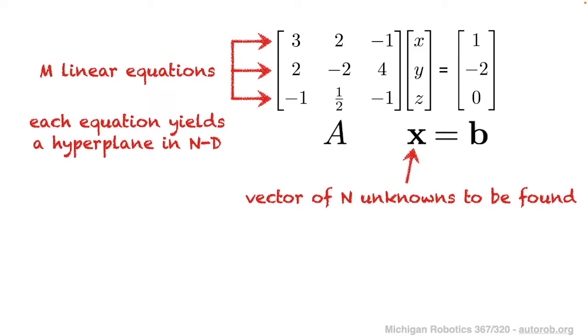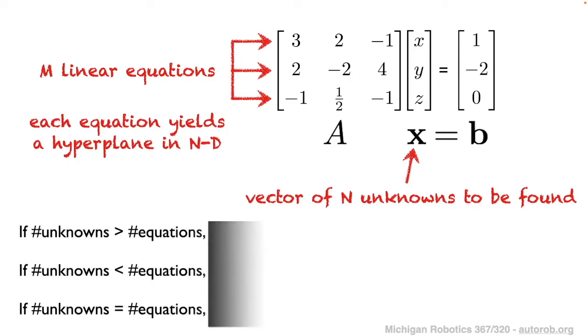Depending on the number of linear equations and the number of unknown variables, this linear system will either be solvable or potentially will not have any valid solutions. In certain cases we can decide when a linear system is solvable simply based on the number of linear equations and the number of unknowns.